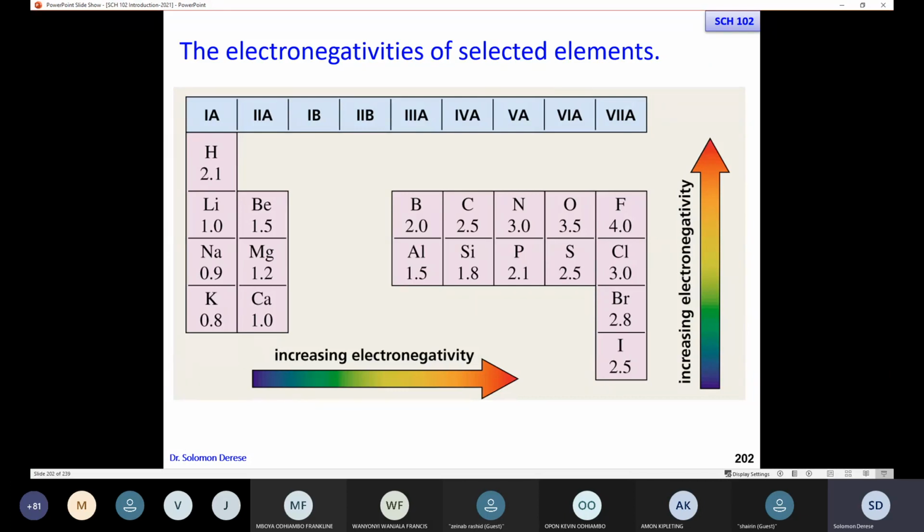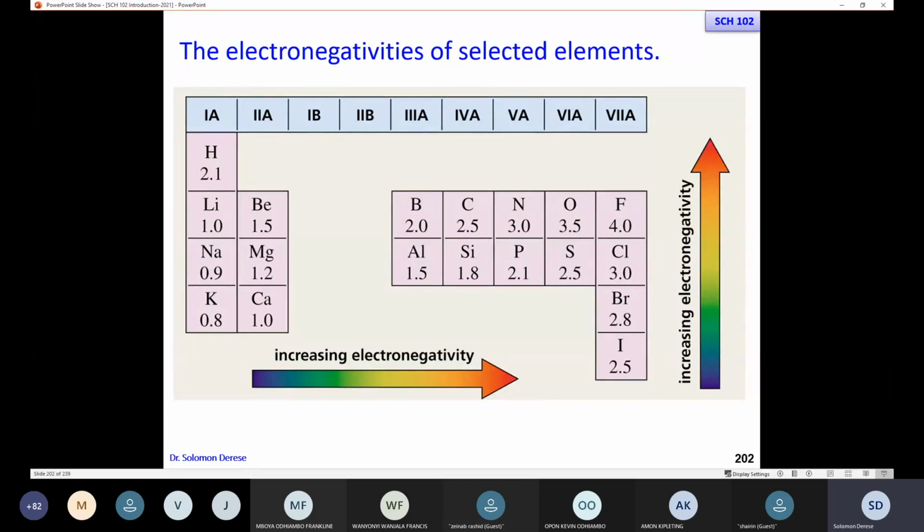For example, if you have a chemical bond between carbon and oxygen, when you look at carbon and oxygen in the periodic table, you'll find they are in the same period, and oxygen is to the right of carbon.